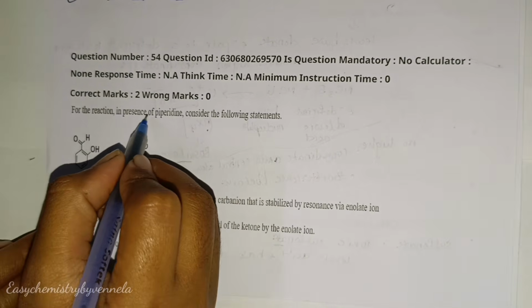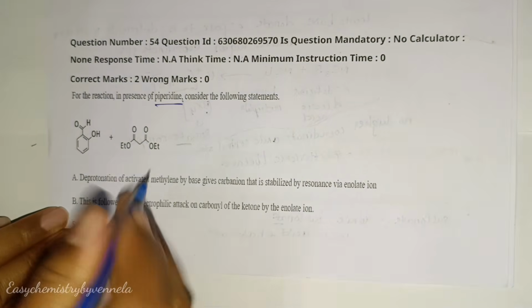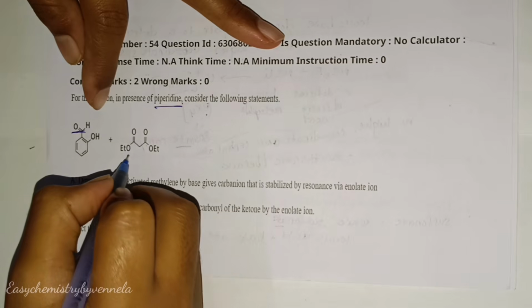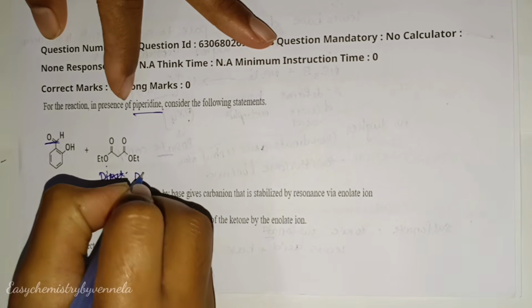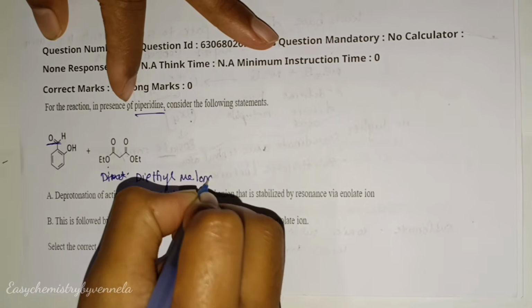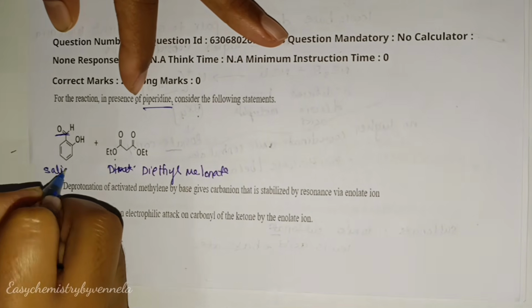For the reaction in the presence of piperidine, consider the following statements. Here aldehyde group is present. Here diethyl malonate, and this one salicyl aldehyde.